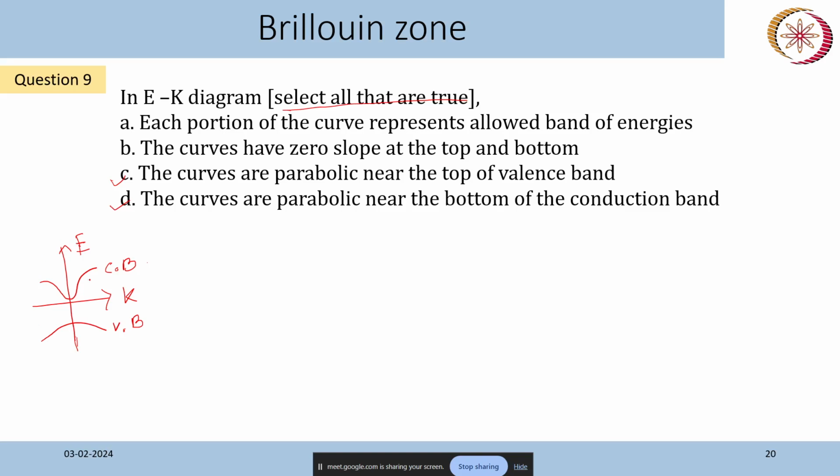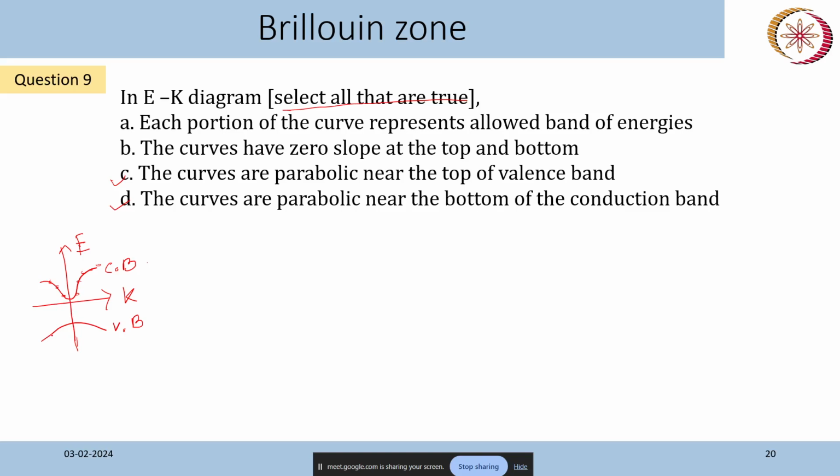So let's consider this EK diagram. Each point in this diagram represents allowed energies for electrons, right? And in this region, since there is no corresponding momentum value, these energies are not allowed.